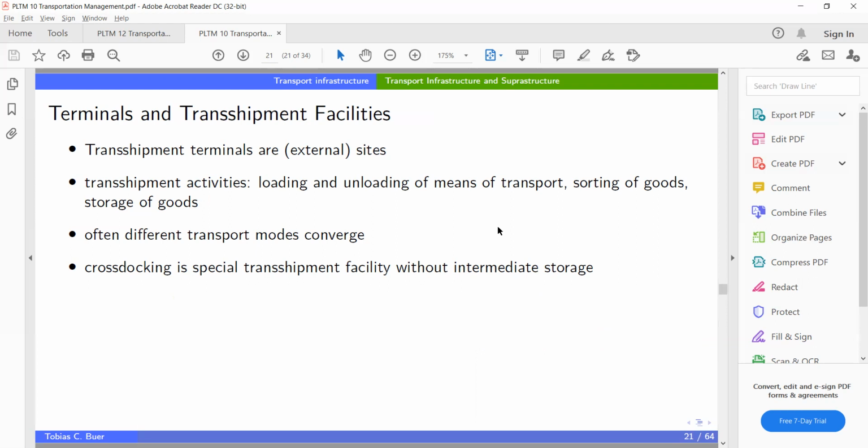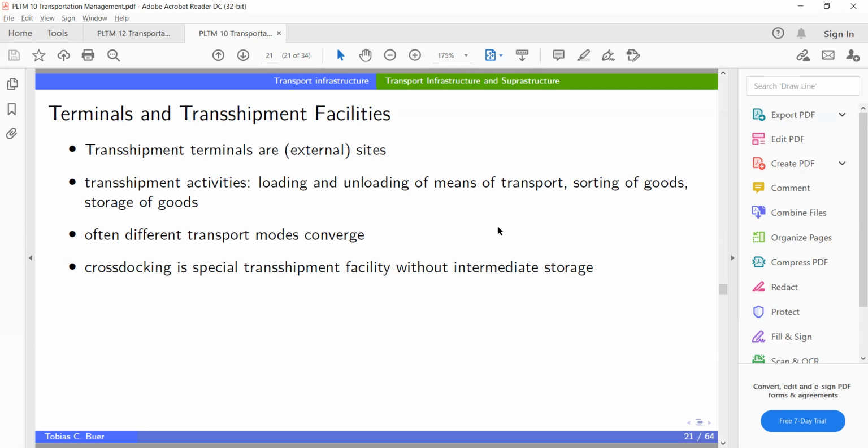So for example, if we stay with the China import example, bringing some goods via a truck to the port, and then from the port via ship to Oman, then the port is a transshipment facility. We connect one mode of transportation, road transport, with a different mode of transportation, sea transport.